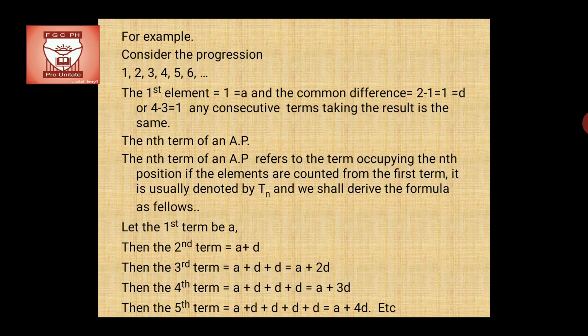Let's use an example to illustrate this concept. Consider the progression 1, 2, 3, 4, 5, 6, etc. The first element in that example is 1, and it is identified as A. And the common difference can be obtained by picking two immediate numbers there. 2 minus 1, which is 1, can be identified as D. You can also pick 4 minus 3.